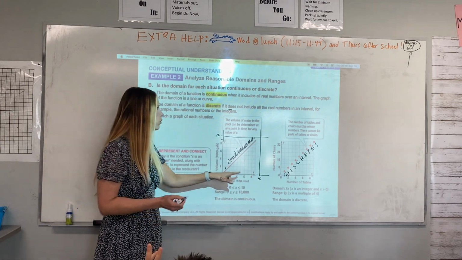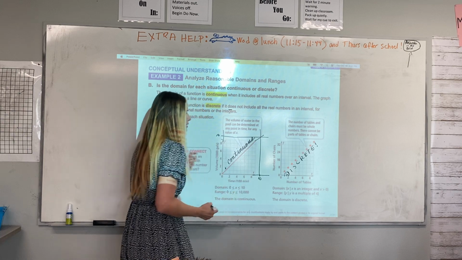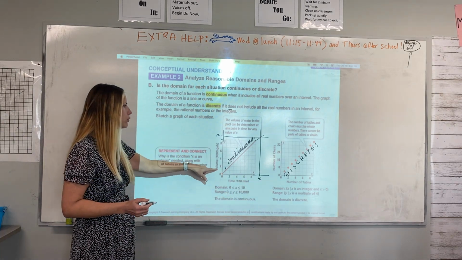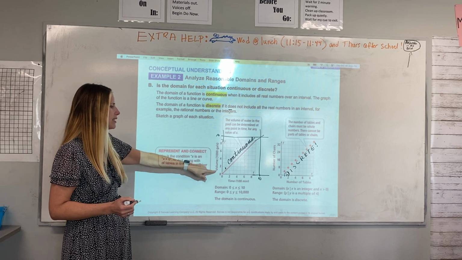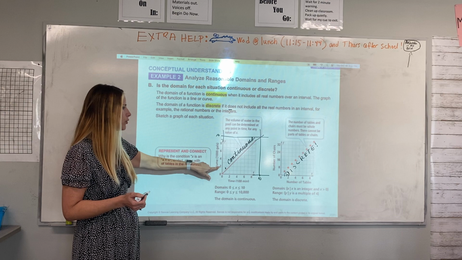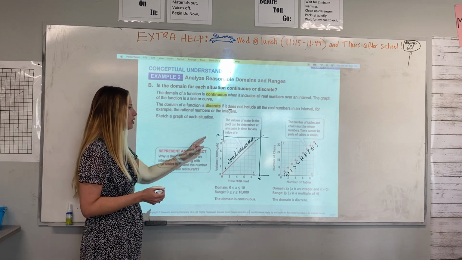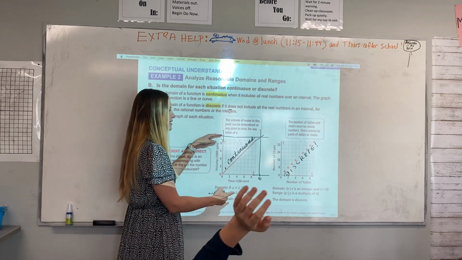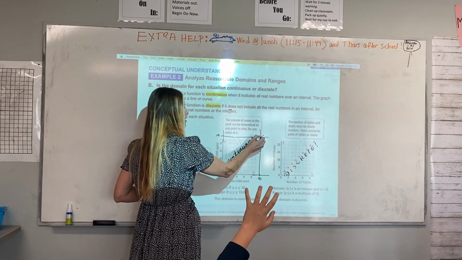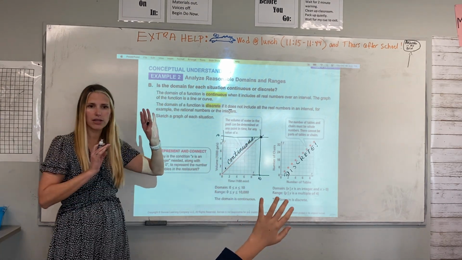So at 1,000 minutes, the pool is filled up because these intervals represent the thousands of gallons. So 2,000 gallons, 4,000 gallons, all the way up to 10,000 gallons. At 10,000 gallons, it has taken 1,000 minutes. And that is the constraint.